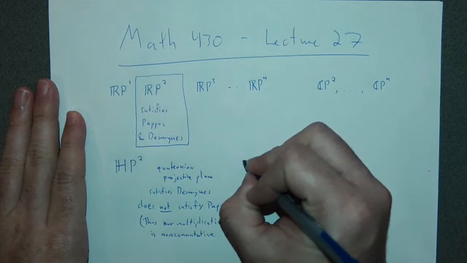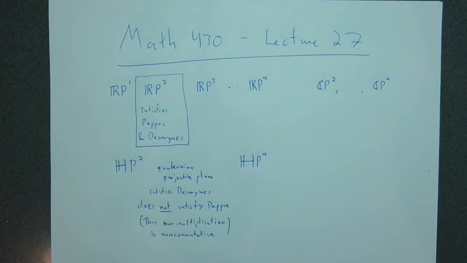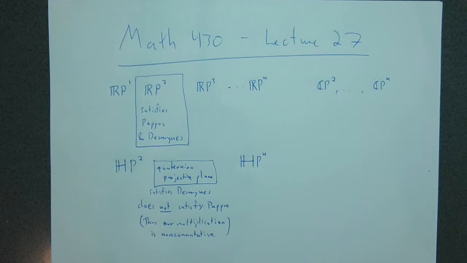And similarly, we could write up Quaternion projective space in the same way. And this quaternion projective space is also going to be non-Pappian, because if it weren't, then the underlying space that we define this projective space over, the quaternions, would have to have commutative multiplication, but it doesn't.